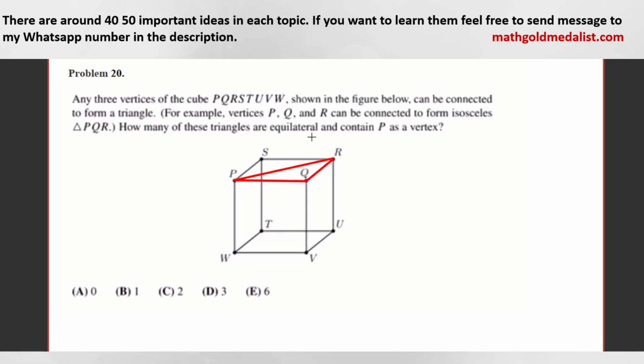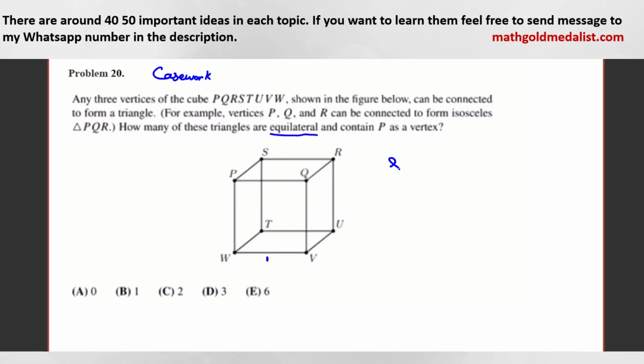Okay. This is equilateral, means all edges should be equal. And one vertex is P. So we consider again casework. We solved many problems in this exam by using casework. So the length of that is what? If we connect P to Q, the length is 1. For example, suppose without loss of generality, it is 1.